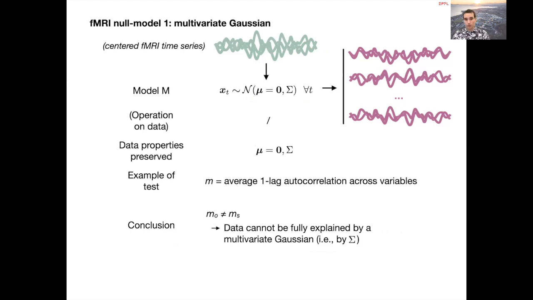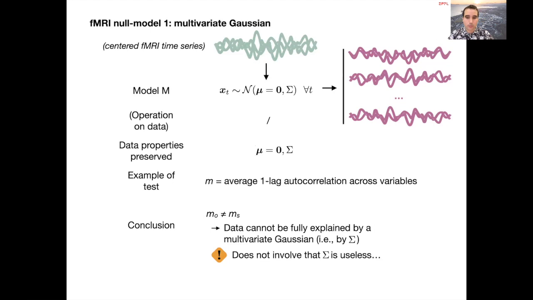So the conclusion of this is that a potential test would be that if it's different in original and surrogate data, it means that the data cannot be fully explained by the multivariate Gaussian. Again, relating this to the example of the distribution of women's height, this does not involve sigma, the correlation is useless.